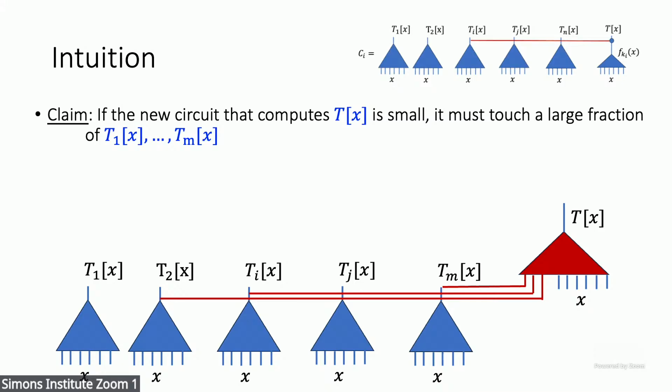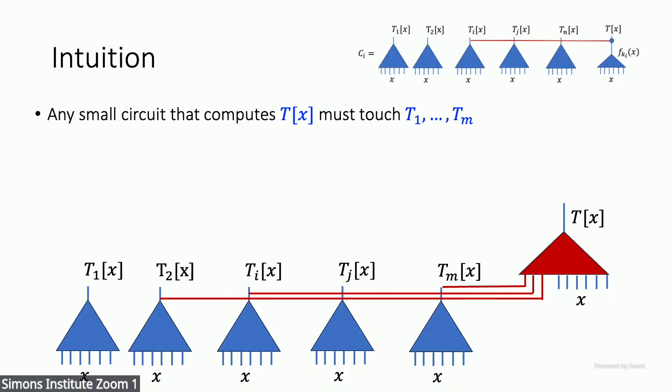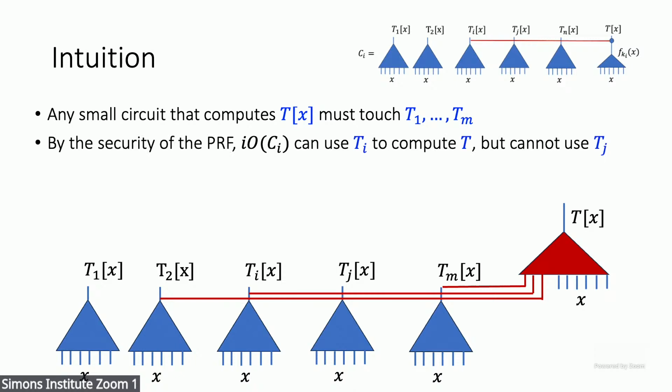So it cannot be the case that this circuit is small unless it touches at least one of these circuits. It must touch these circuits in order to have a small circuit, because this is a random function, and we cannot compute a random function. And moreover, it must touch Ti, because we gave it these circuits that maybe know Ki, but all the other functions just look random.